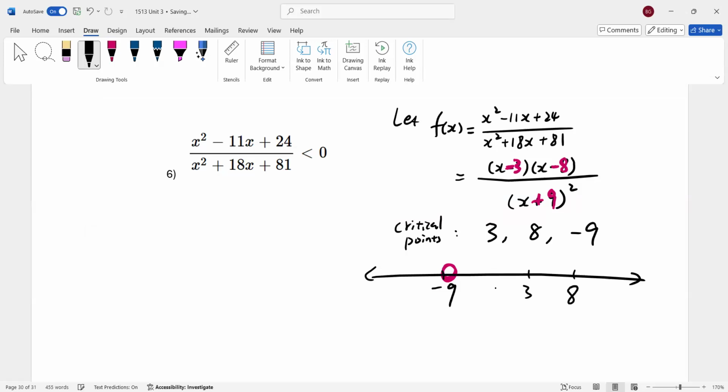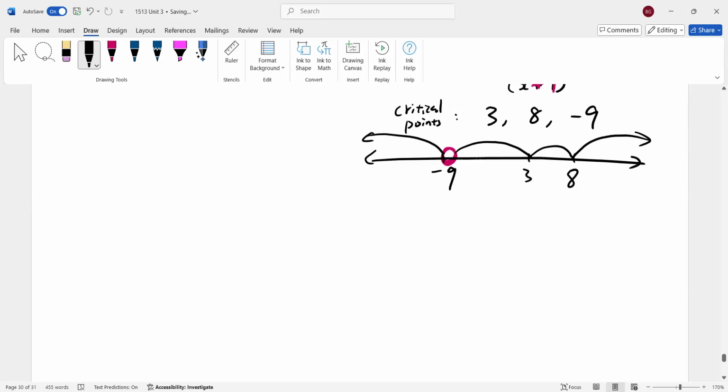Then the three values, we'll call them the three critical values or critical points, divide the whole real number line. Divide the domain into 4 parts. 1, 2, 3, 4. Okay, 4 intervals. Then we can do the chart.